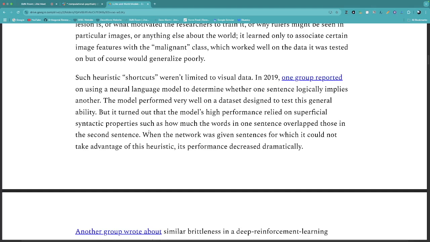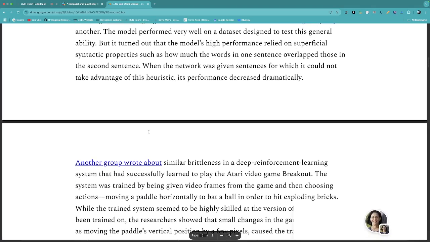When the network was given sentences for which it could not take advantage of this heuristic, its performance decreased dramatically. So it picked up on some feature of sentence structure, and it used that to classify things. And of course, it doesn't generalize because that structural feature isn't available in a language.